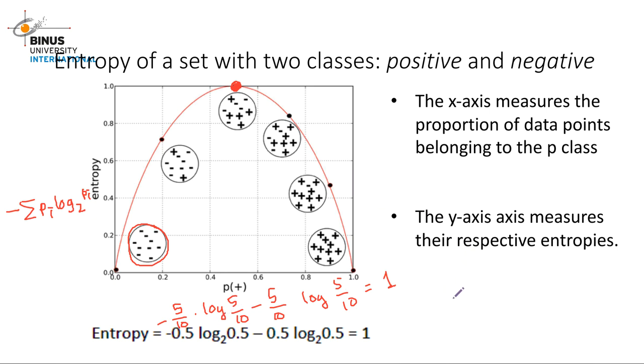Why? Because log base 2 of half equals minus 1.